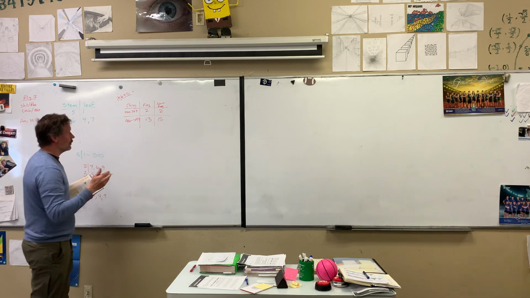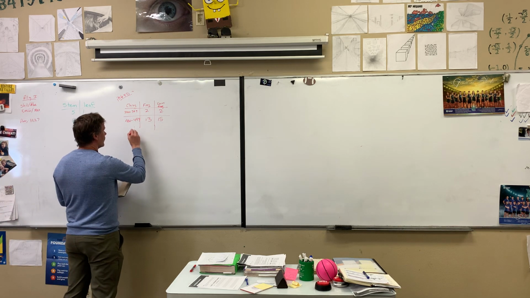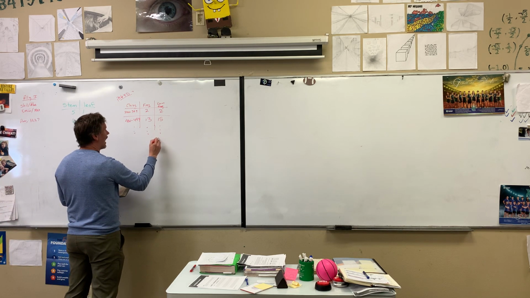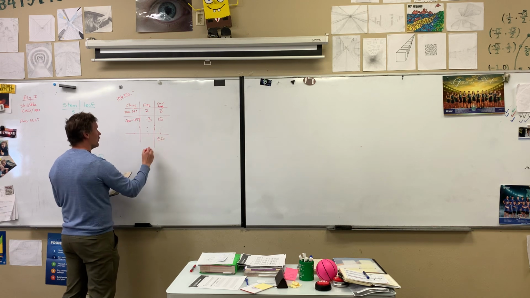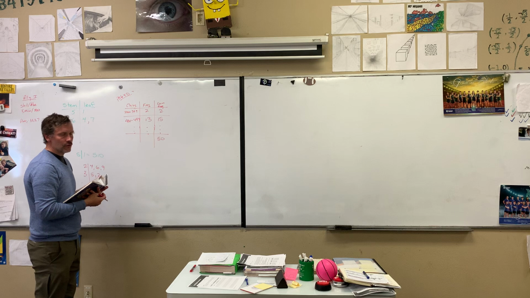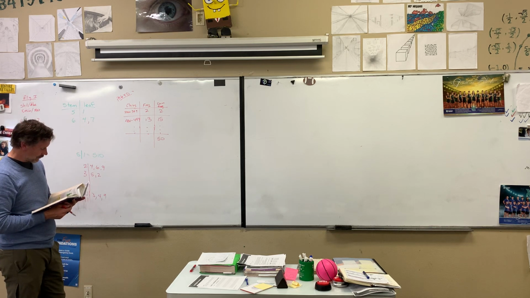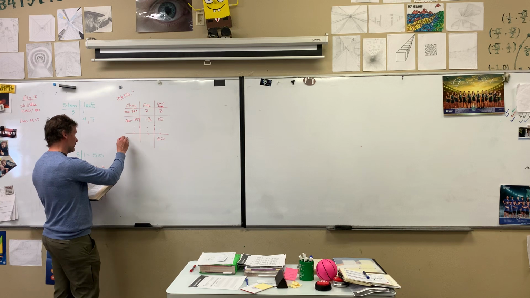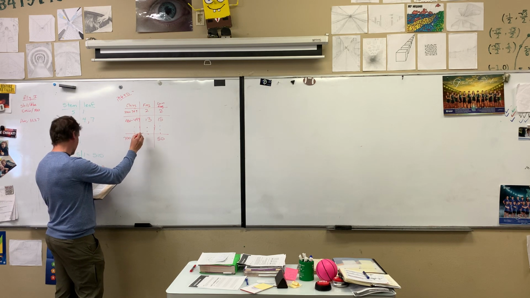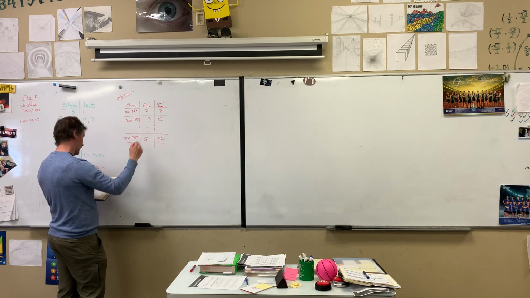If there's a total of 50 people, which there were, the last one is going to have 50 for the cumulative frequency. The last class was 700 to 799. 5 people got that, and therefore it's 50 there.